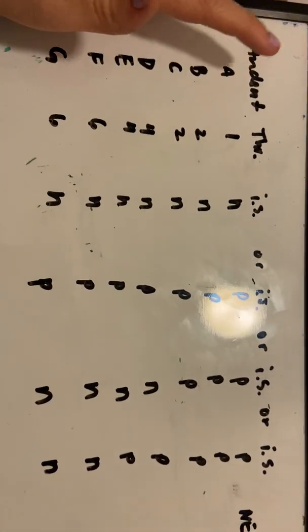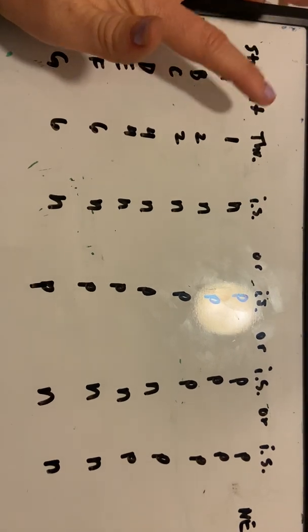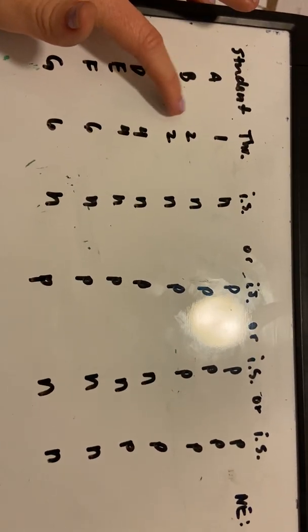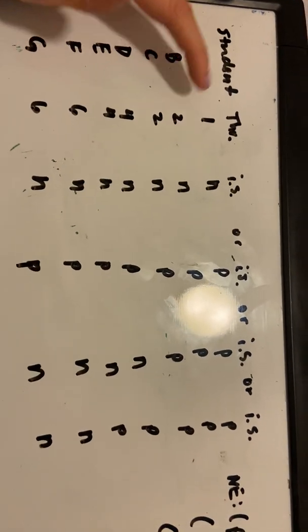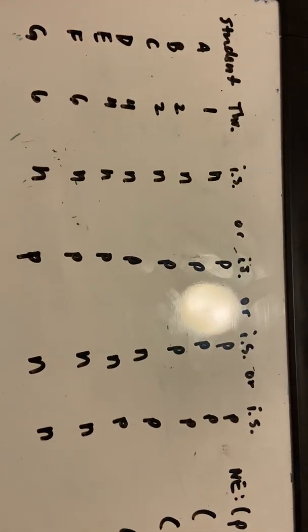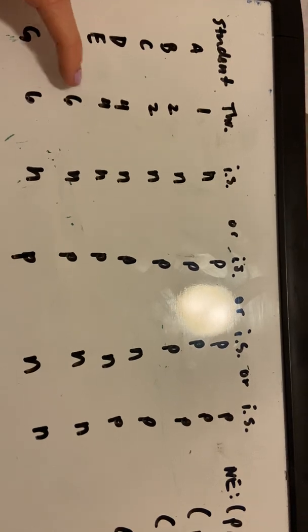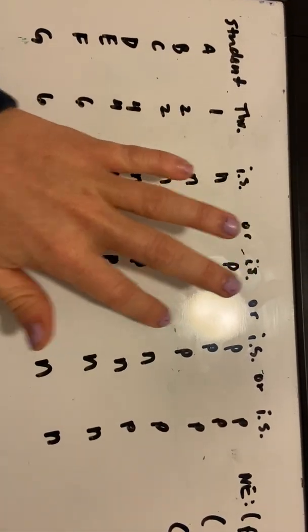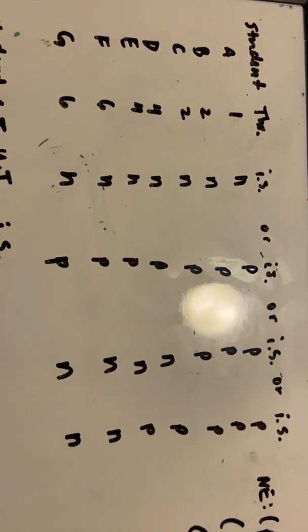That is because A has a threshold of 1, B has a threshold of 2, and C has a threshold of 2. So all of these students' thresholds are filled, whereas D, E, F, and G, their thresholds are not filled by this specific scenario, so they will never go.